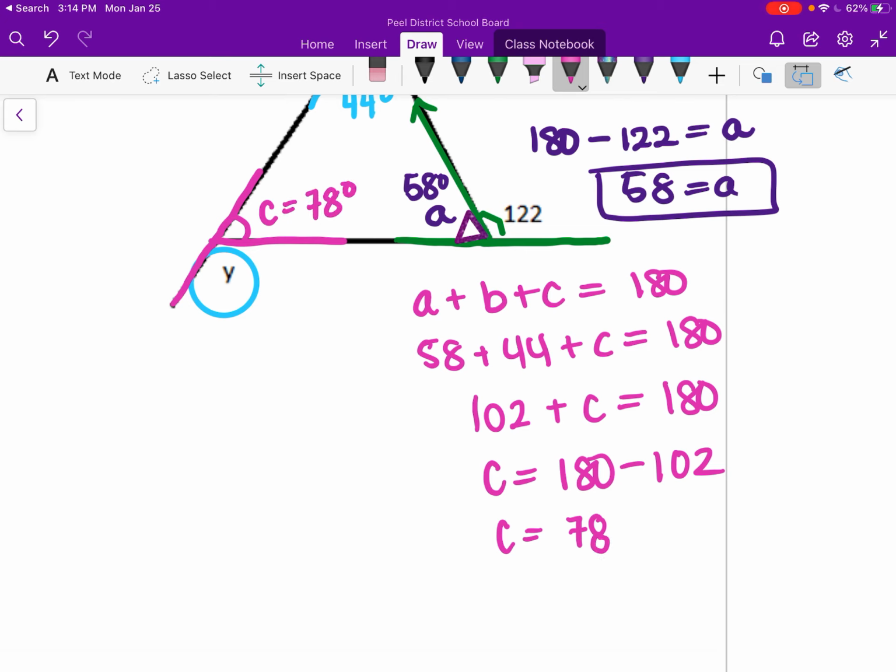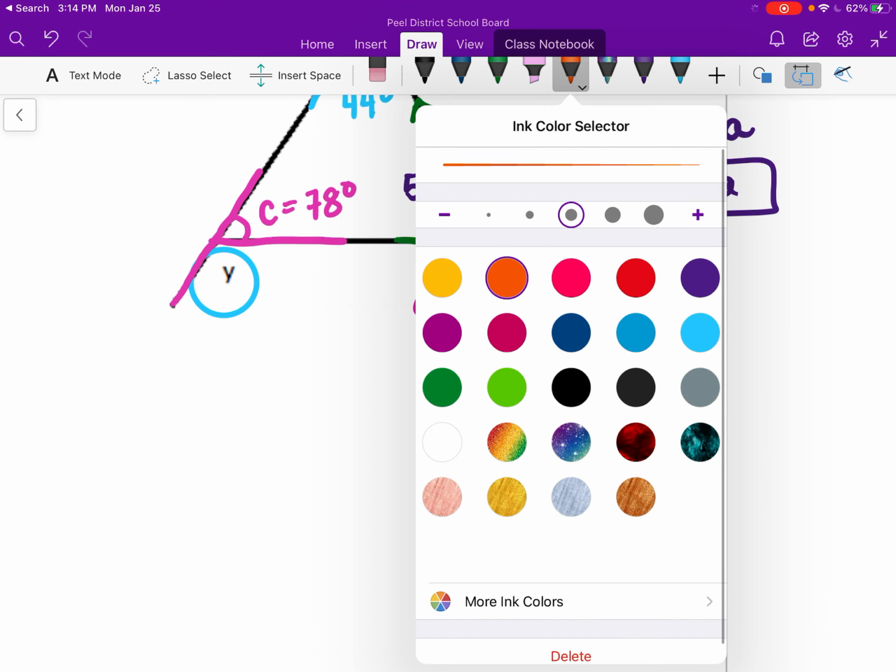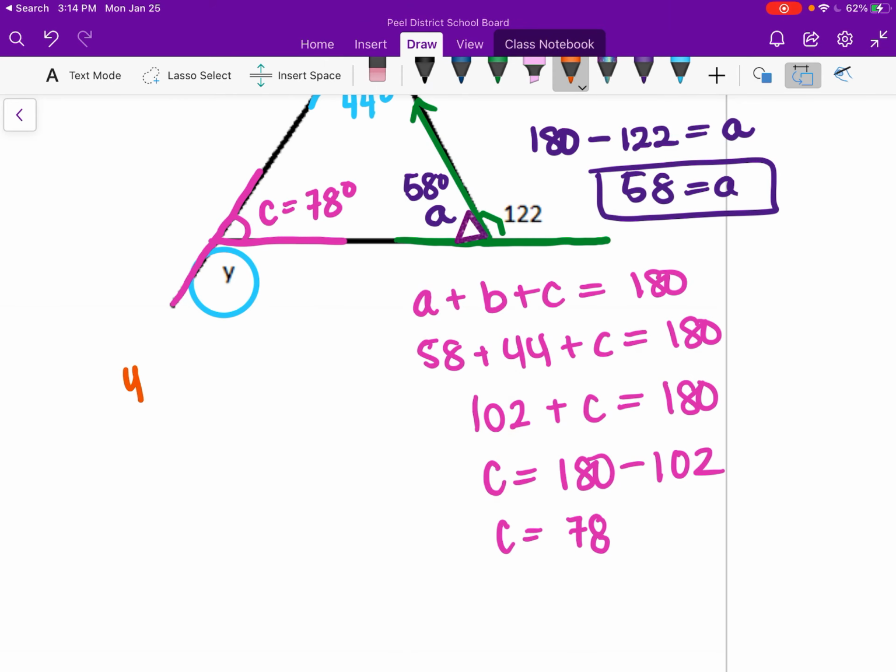So if I know that, now I can find Y. Maybe we'll do it in orange. Y is equal to 180, because the entire line is equal to C plus Y. I know what C is.